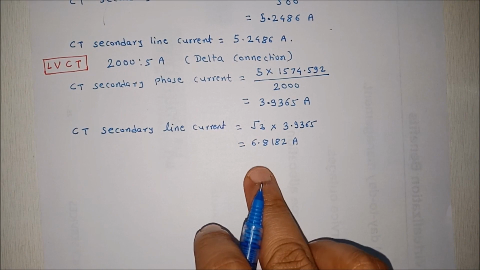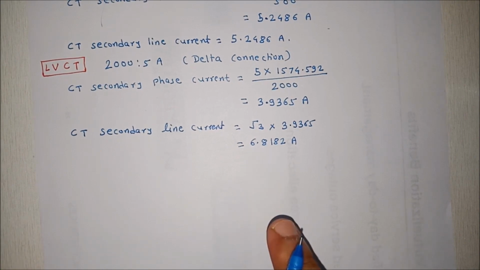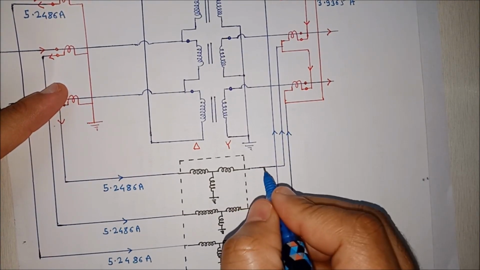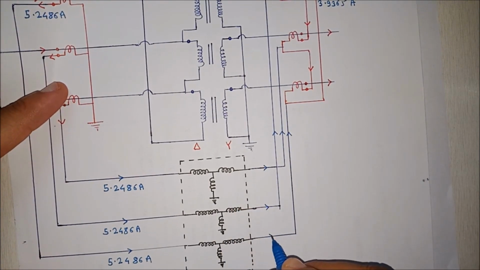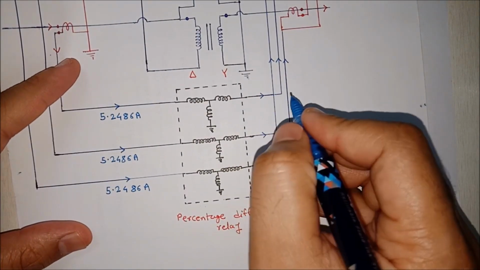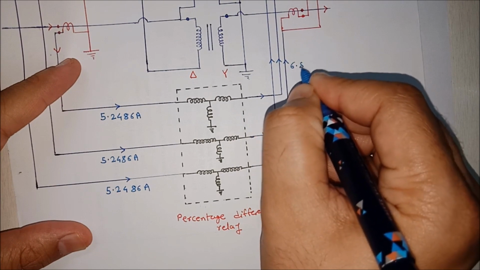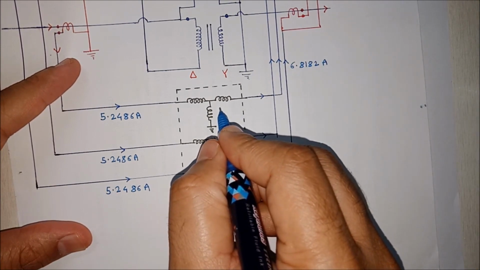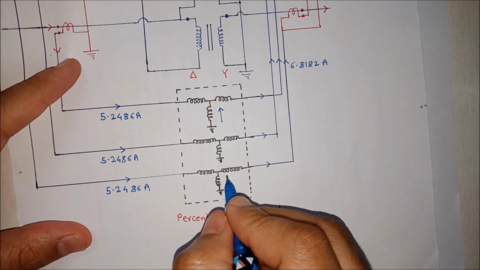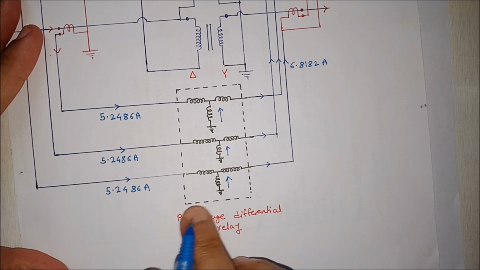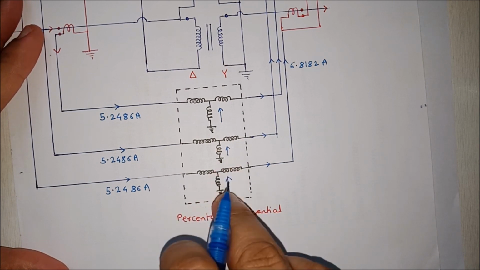Now we have determined the CT secondary line current, so we will indicate it here. This current we are getting as 6.8182, so I will indicate somewhere here 6.8182 ampere. The meaning is that the remaining current will flow through this path.